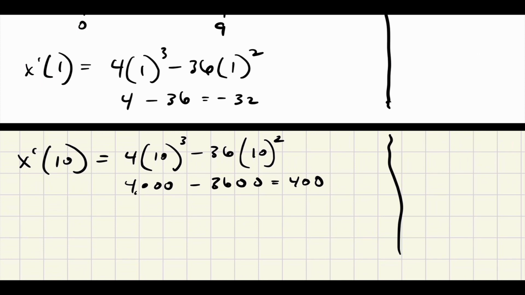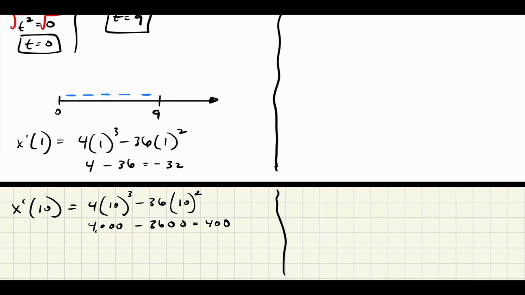So we get positive 400. I'm going a little fast here because we've done this many times before. It's essentially the same thing we did last week or the week before. So that's the first derivative test.